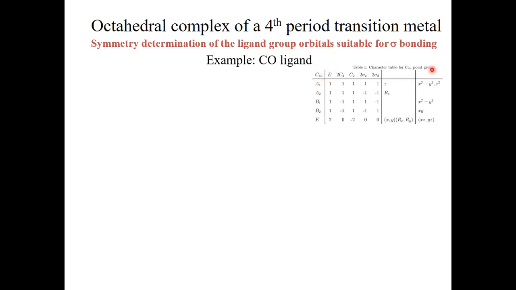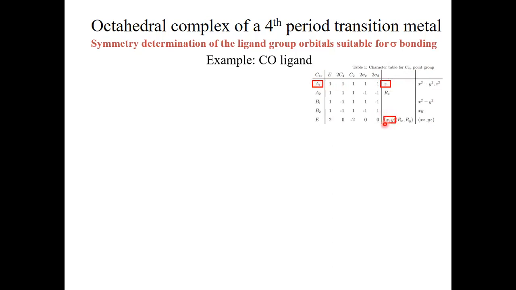So this is the character table of C4v, and we see that a z orbital has the symmetry type A1.